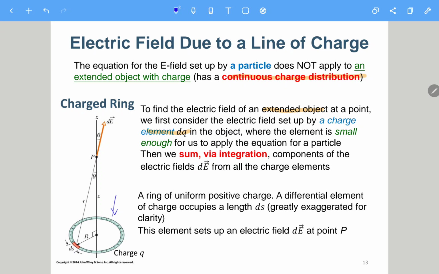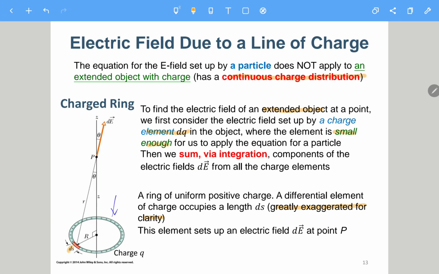Every small segment will look like a charged particle, although it's not. But if we cut it infinitely small, then it turns out to be a charged particle. Of course, this ds looks quite long, but it is shown with great exaggeration for clarity. Otherwise, if it's drawn too small, then you wouldn't know, oh, this is ds.